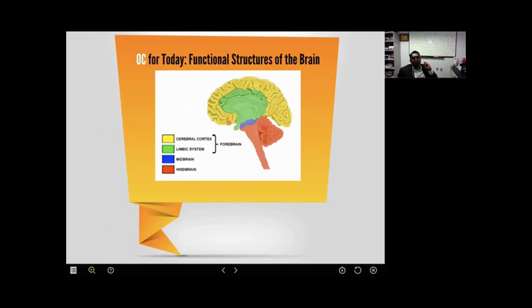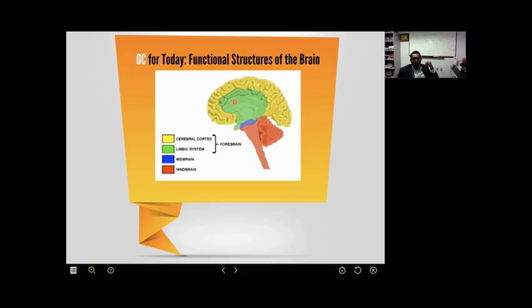Now, the brain is often divided into 3 structures. The red part you see is the hindbrain, the blue part is the midbrain, and the rest, which is coded here in yellow and green, represents the forebrain. The reason it is named this way is that the forebrain is in front, the midbrain is in the middle, and the hindbrain is behind the midbrain.